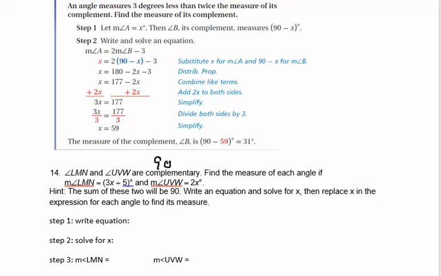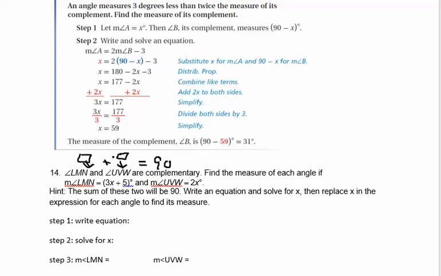So I think that I have to add this plus this is going to equal 90 because that's what complementary means. And then they want us to find the measure of each angle if this one is 3x plus 5, and UVW is 2x. So they're giving me what to use for this box and this box. I just have to put them together to write my equation.